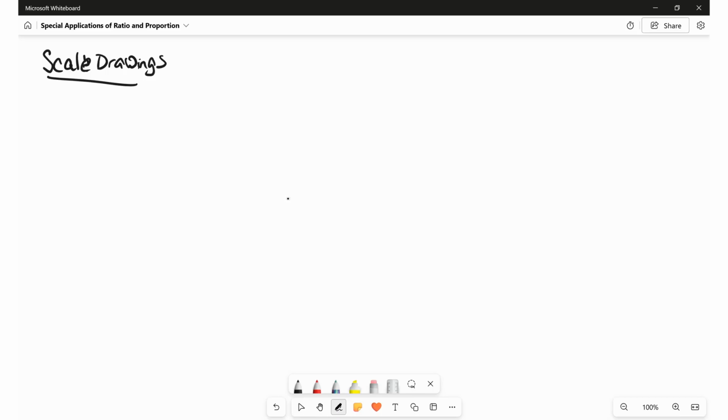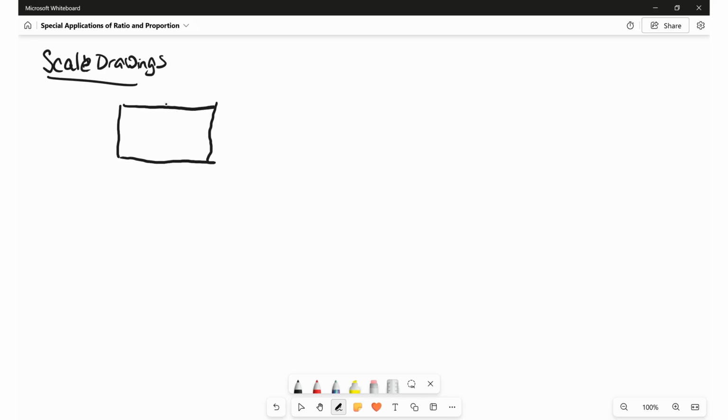Okay, so say you've got a deck that you want to have built on your house. And maybe your architect is going to draw out this scale drawing of your deck. And hopefully, your architect is going to draw your deck a lot better than what I am.